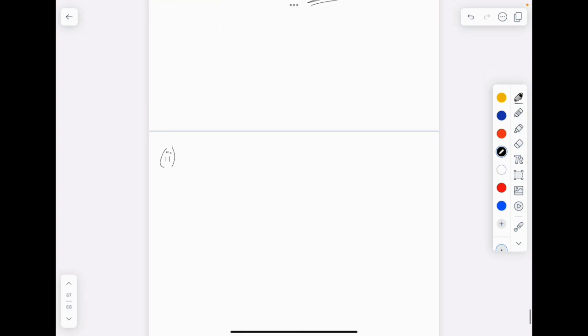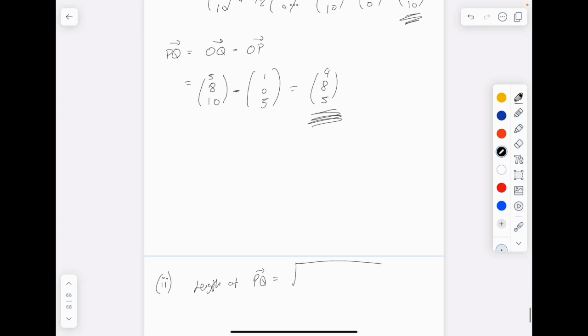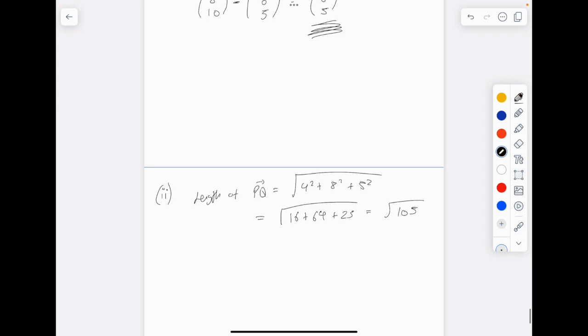Well, the length of PQ, the magnitude of PQ, is equal to the square root of 4 squared plus 8 squared plus 5 squared, which gives you what? Well, 16 plus 64 plus 25, which gives you the square root of 105.